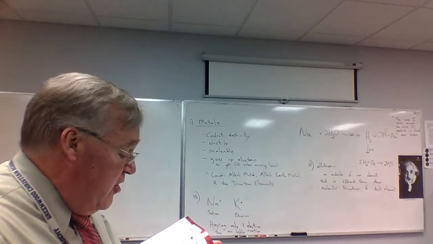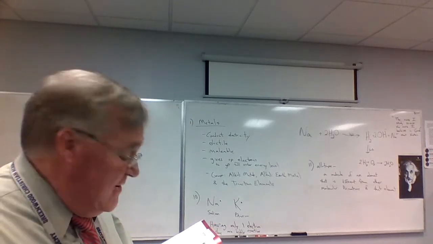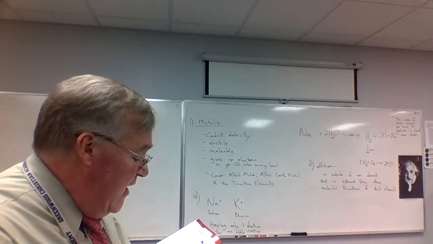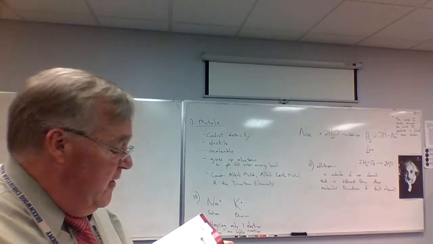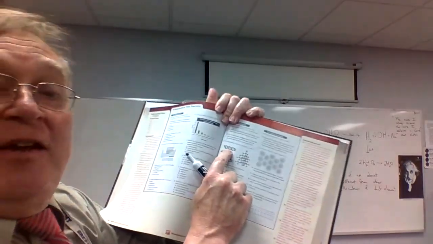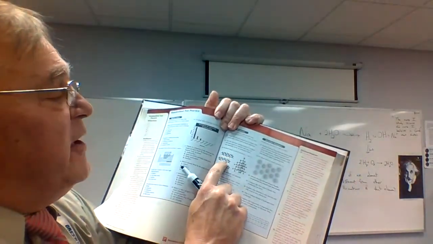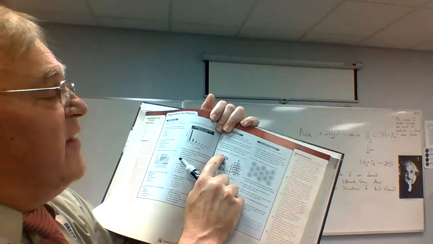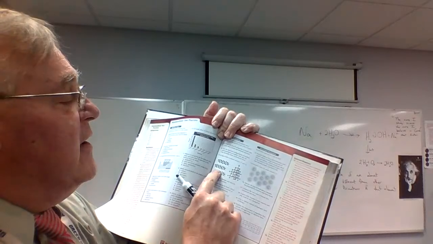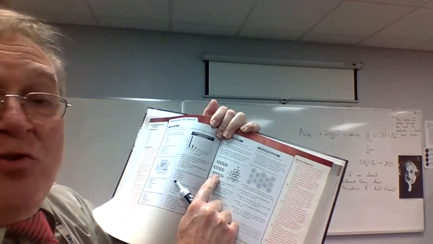There's actually a third allotrope of carbon, and that's a diamond. I don't think a diamond is shown here in this diagram. What you see here in this diagram, these three, this is half of the diagram, and this is the other half of the diagram, okay? This is what is considered graphite.